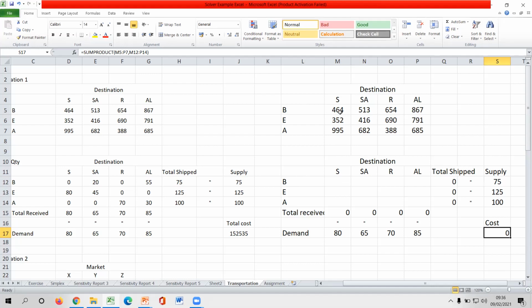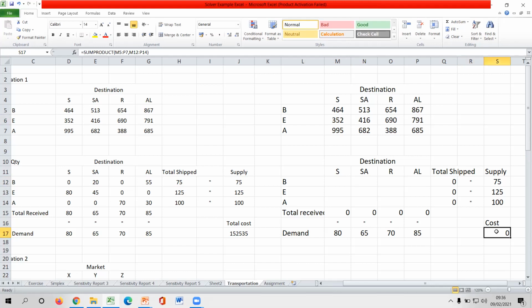Then we have to multiply it by our per route cost. For example, if you are getting 5 in here, your total cost should be equal to 465 into 5.